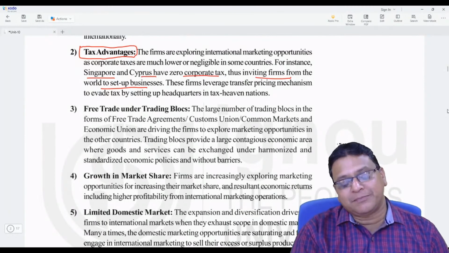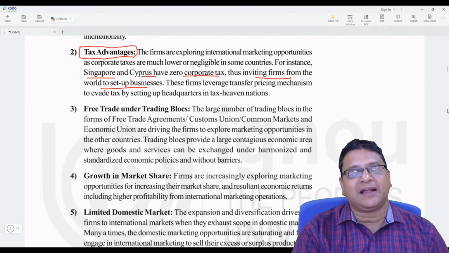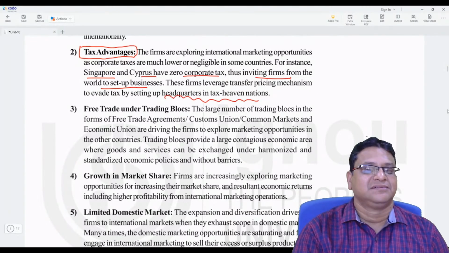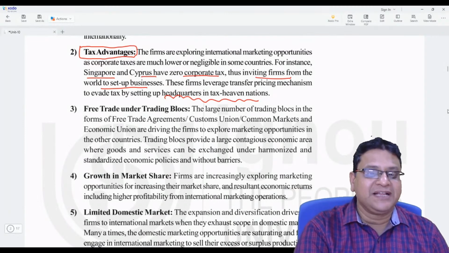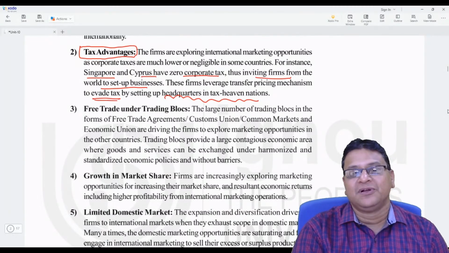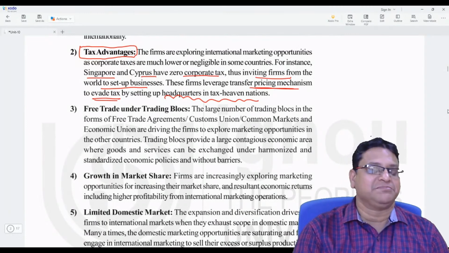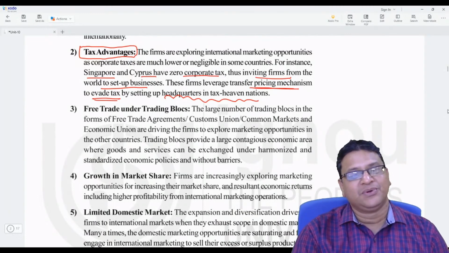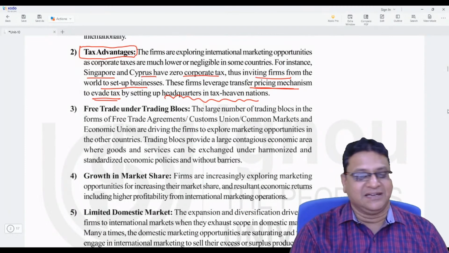Many of the MNCs are setting their headquarters in various tax haven countries to evade tax with the help of transfer pricing mechanism. So to get tax advantage also, people go international.